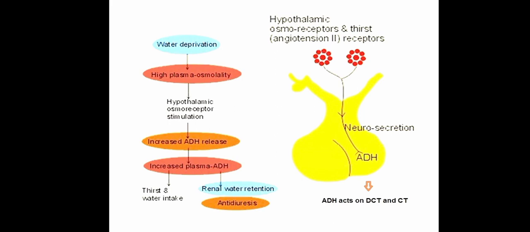So that is antidiuresis. That mechanism is antidiuresis. What is antidiuresis? Retaining more water and excreting very little water through the urine. That mechanism is antidiuresis. Therefore, that hormone is also known as antidiuretic hormone.